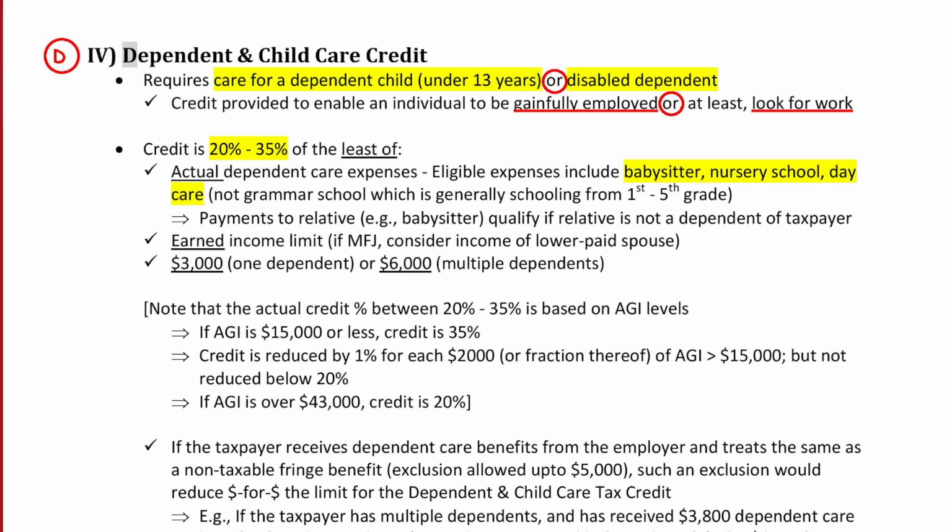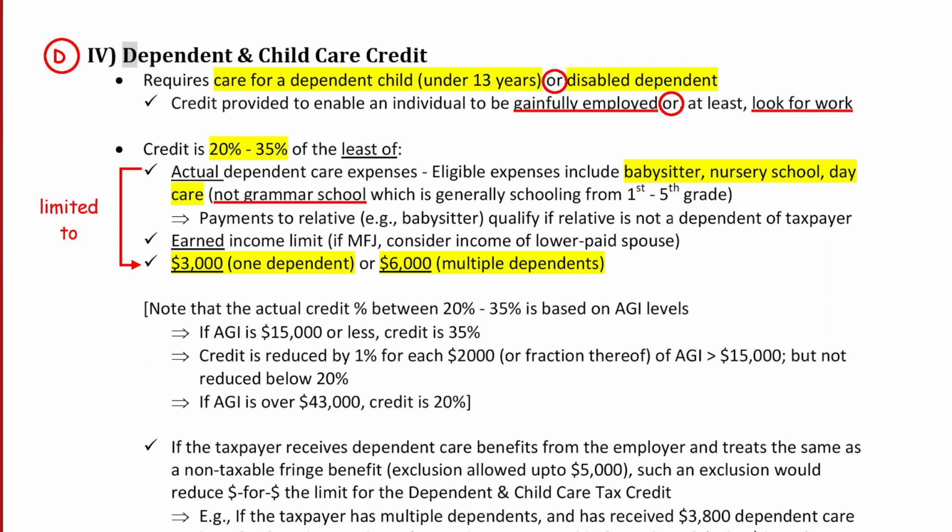Now, these actual dependent care expenses are limited to $3,000 in case of one dependent or $6,000 in case of multiple dependents.